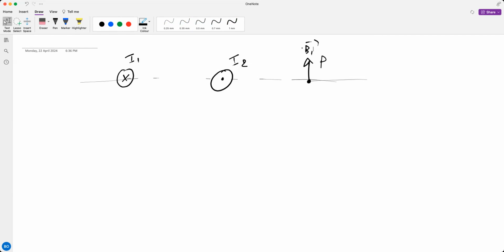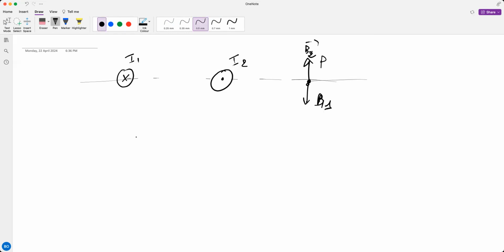So B1 and this is B2. B1 is into the page. So if you try to rotate, it will be B1 downward, and I1 is out of the page. So for I2 out of the page, B2 will be up.